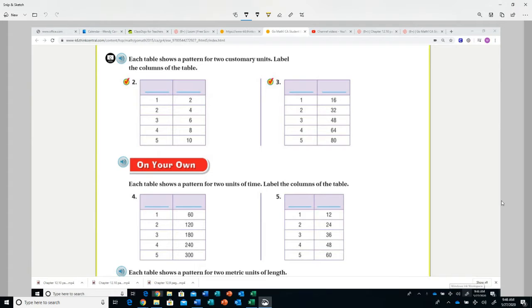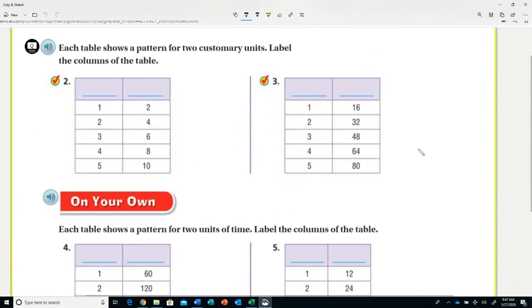Okay. So our first one is 1 to 2. The relationship here is two items equal one of another item. So this column is 2 times as big as the previous column. What do I know in customary units that two things will equal one thing?